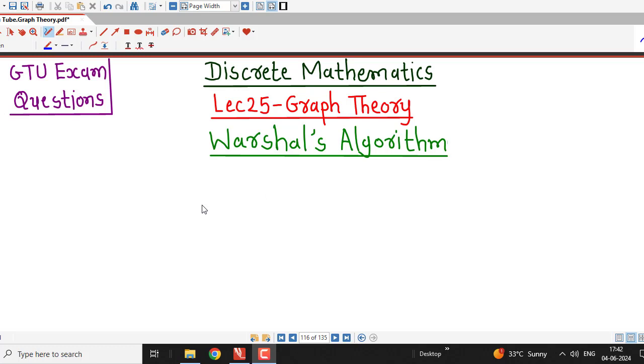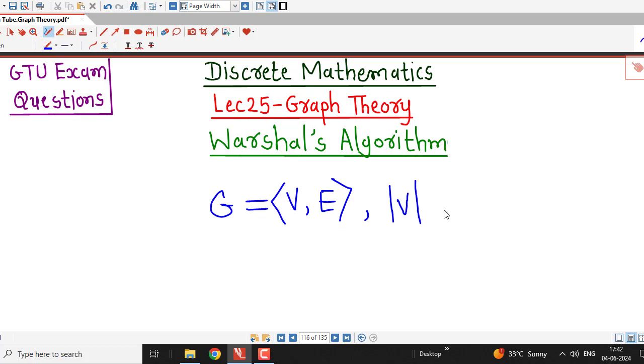Warshall's algorithm. Suppose we are given some graph, say G, in which we have n vertices, and we want to obtain the path matrix of this graph G using Warshall's algorithm. Whenever they ask you to obtain the path matrix using Warshall's algorithm, you must first obtain the adjacency matrix of the given graph.